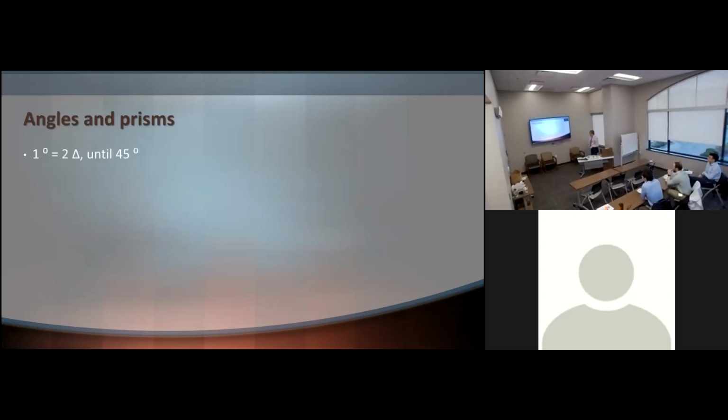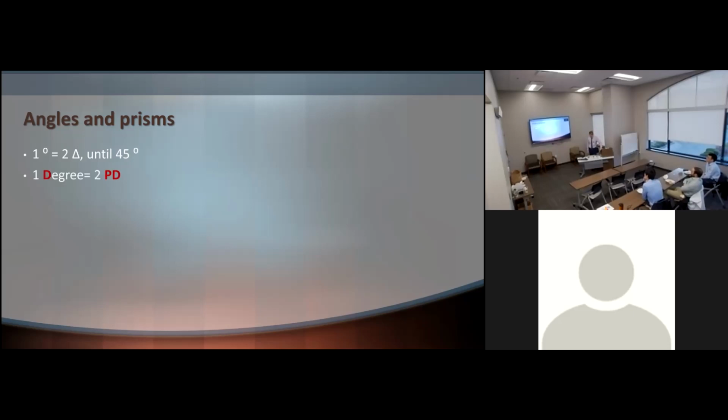There is an interchangeable concept of using angles with prisms. Each degree of deviation of the light is equivalent to 2 prism diopters. This relationship holds true until we reach 45 degrees.